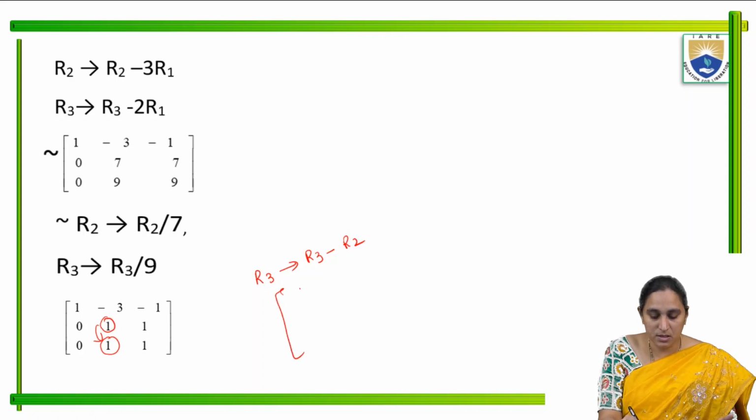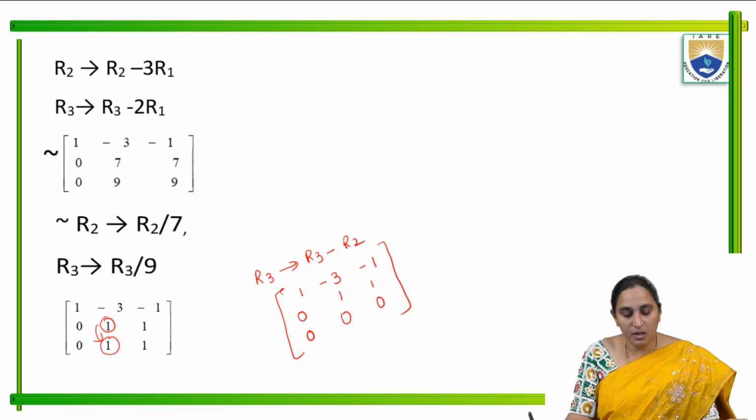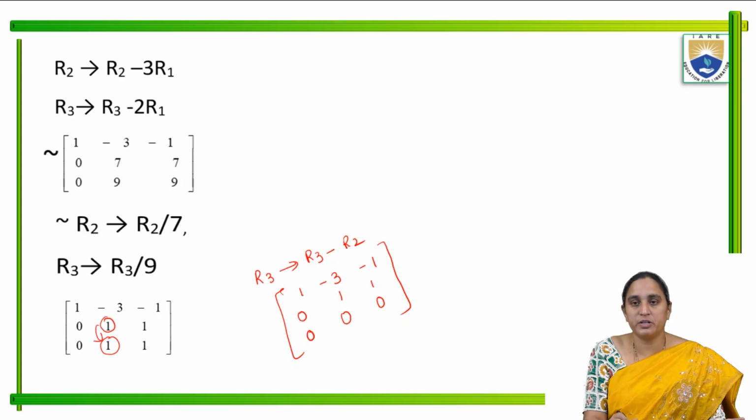After that, this is 1 minus 3 minus 1 and 0, 1, 1. With respect to R2, I'll make R3 as 0, that is 0, 1 minus 1 and 1 minus 1 as zeros. This is the concept for the echelon. After applying the row operation with respect to R2, the complete R3 row is 0.